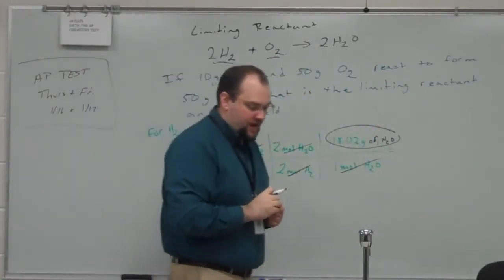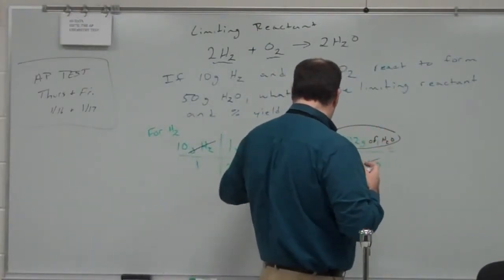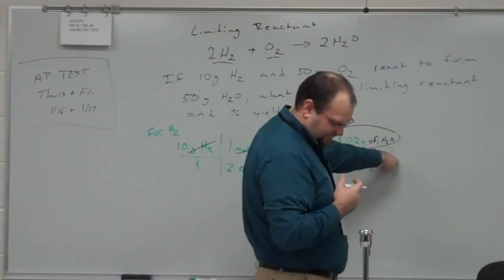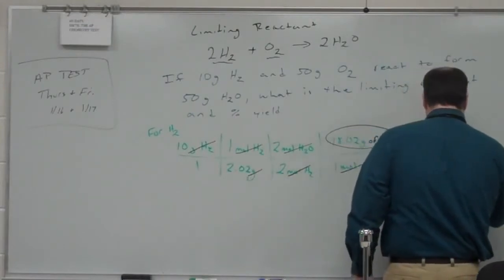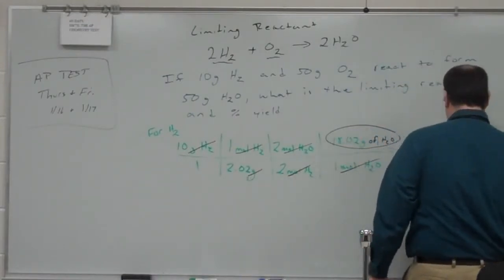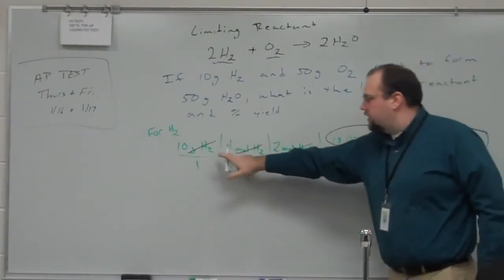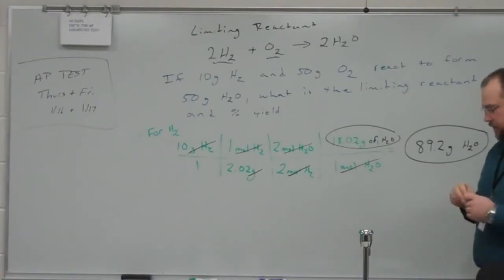So I do that math out, and try it mentally. I think it's 89.2 grams of H2O. Okay, so given 10 grams of hydrogen, I should get 89.2 grams of H2O.